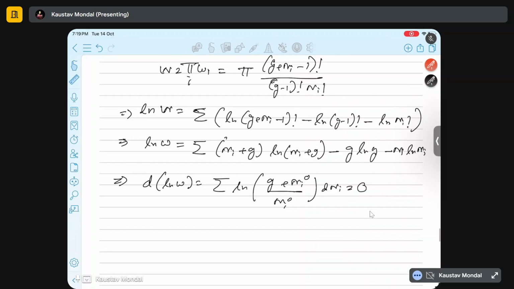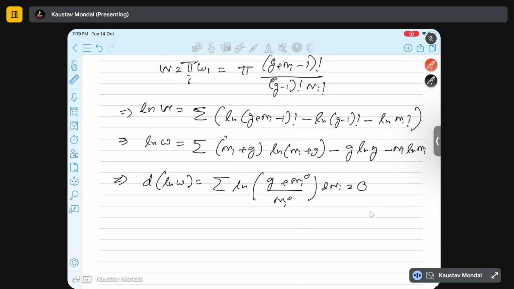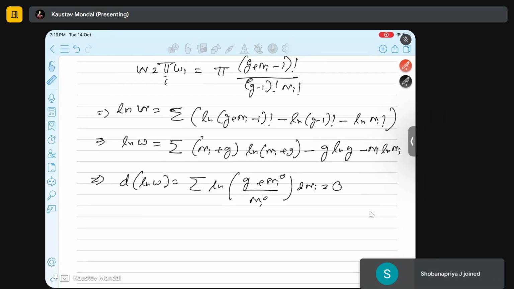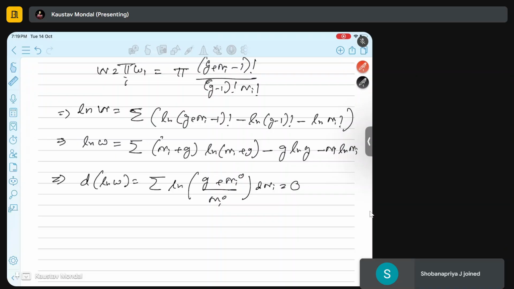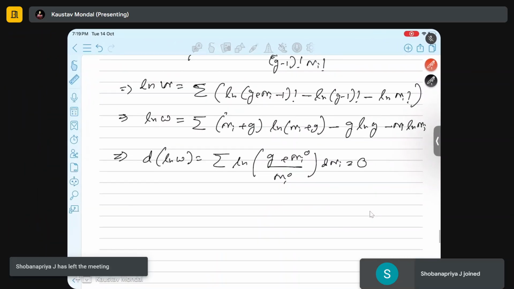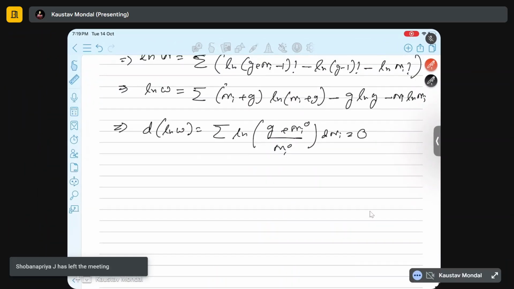Now we will do this with the Lagrange method of undetermined multipliers. For that we need constraints, and we know there are two constraints already in the system.